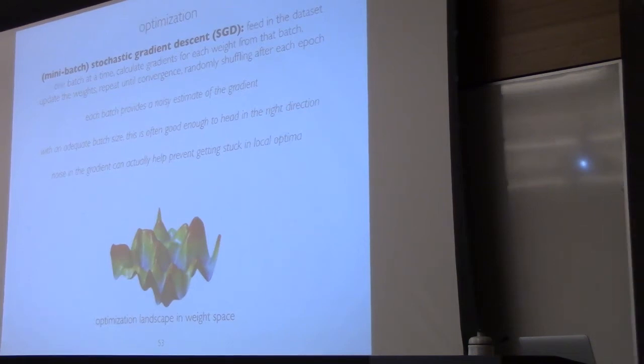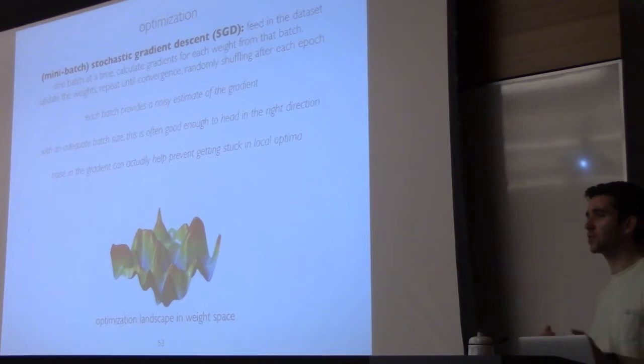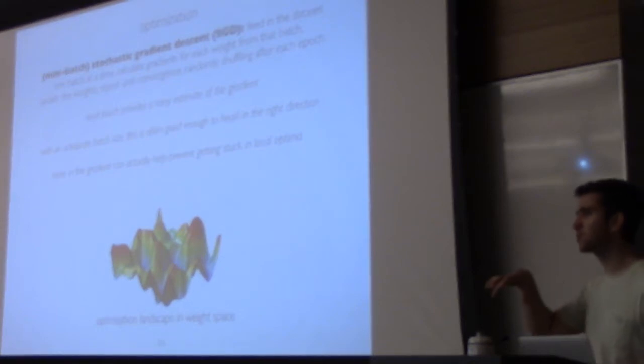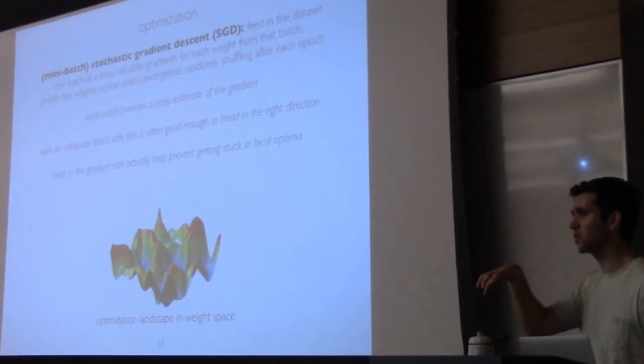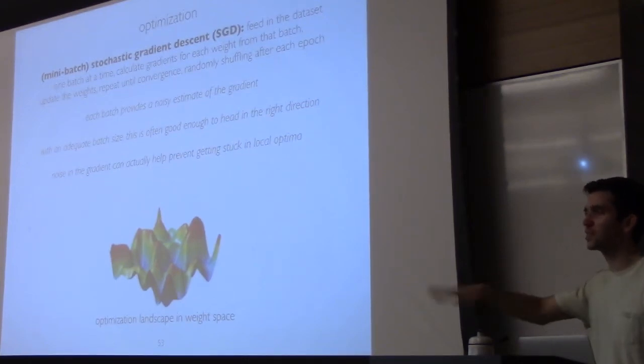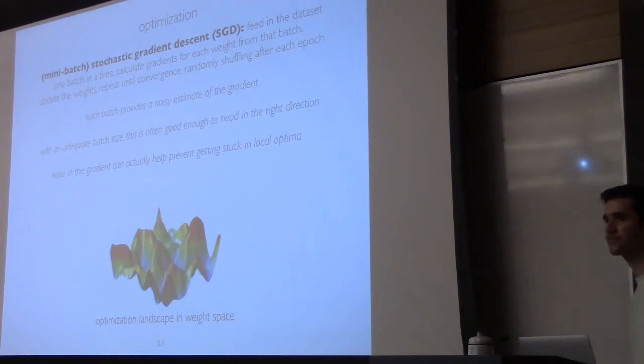And this noise is actually helpful in getting you out of local minima, because if you have a noisy signal that's sending you all over the place, then if you happen to be stuck at a plateau in a loss function, it can send you in different directions and get you out of those a little more quickly.